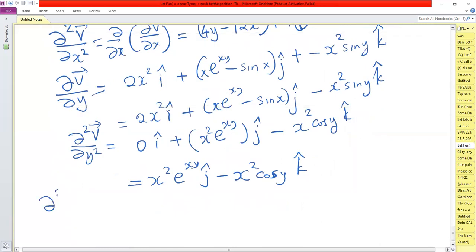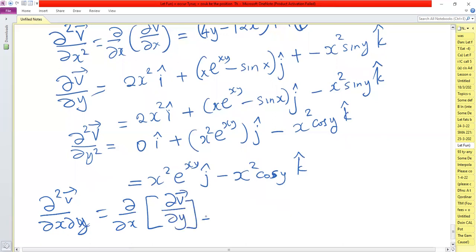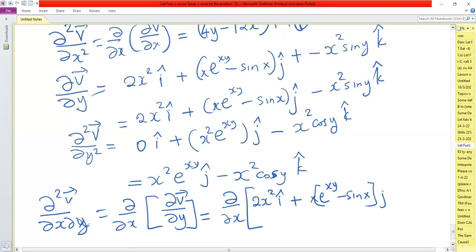So partial squared v partial x partial y, by definition, is partial x of partial v partial y, which is partial x of: partial v partial y, we have 2x squared i plus (x e raised to power xy minus sin x) j, and then minus x squared sine of y k.